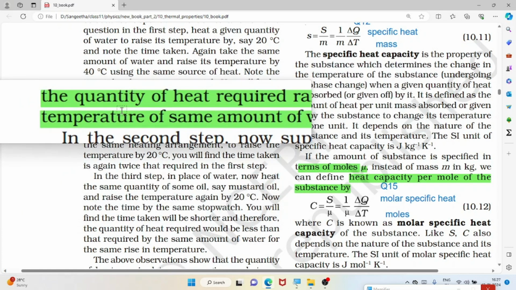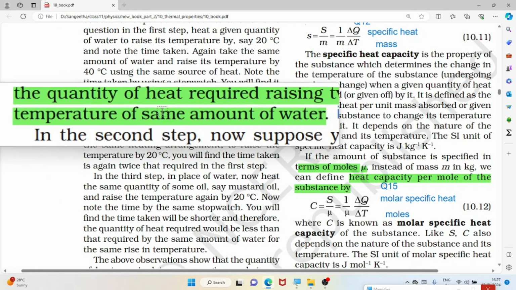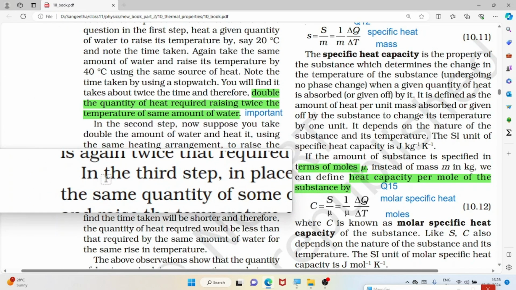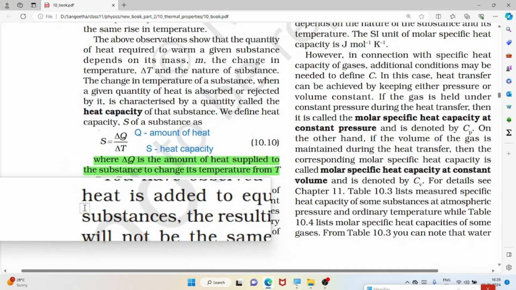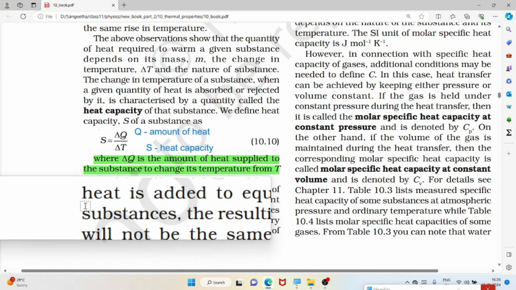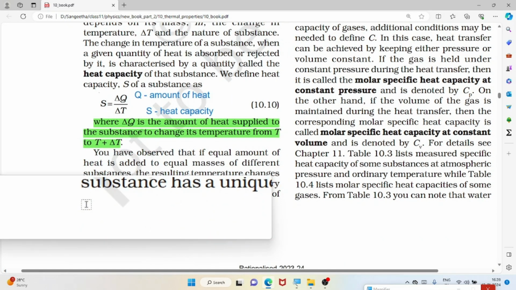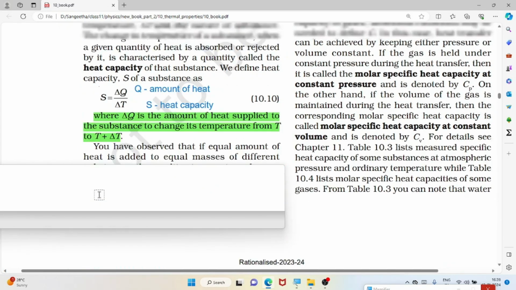That is, double the quantity of heat is not required for raising twice the temperature of the same amount of water. The heat required is different at different temperatures. This is heat capacity, the amount of heat to change the temperature from T to T plus delta T.